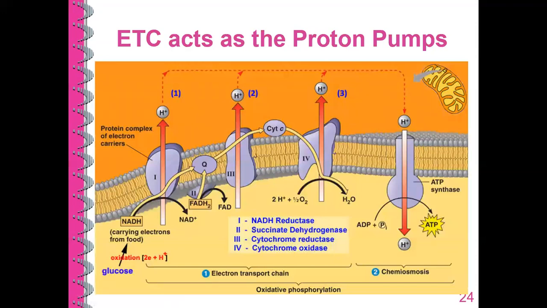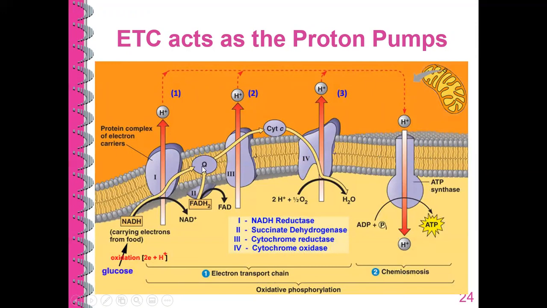So this is another diagram to show you that, on the right side, you've got the stalked particle. This is where chemiosmosis occurs. H plus passes through the membrane. Okay, ATP is synthesized. Then on the left side, these are the electron carrier proteins, different size, different shape. All of them are considered as ETC. This yellow line shows you the movement of electrons.